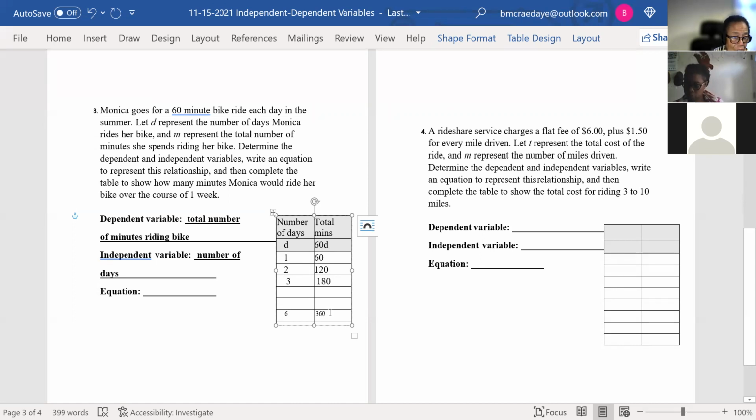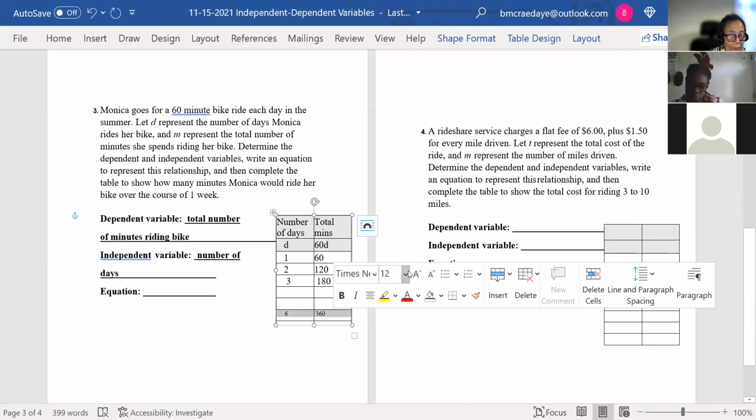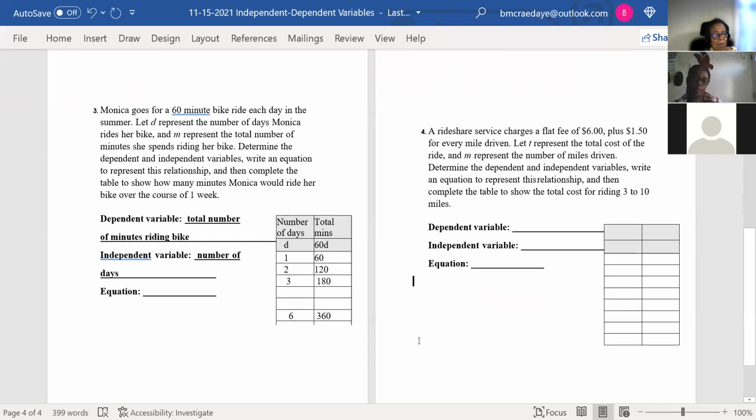So you see the total minutes is your dependent variable, and it's dependent upon the number of days. Now you can put in these others, the 4, and each time you're adding 60, right? 240, and then 300, and 360.